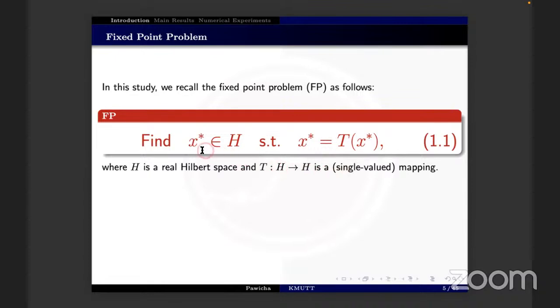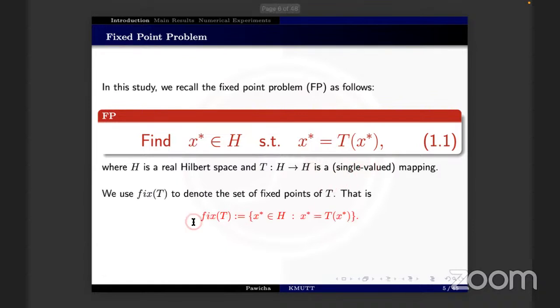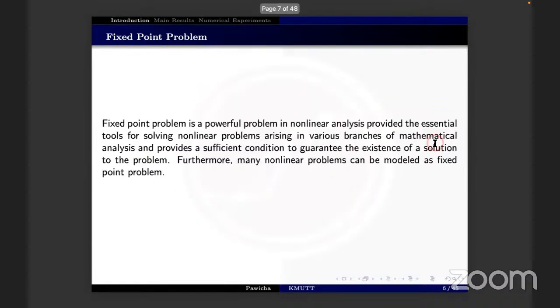It is the problem of finding a point x star in the Hilbert space such that it is equal to its image under the mapping T. Here T is a single-valued mapping, and we use Fix T to denote the set of solutions of problem 1.1.